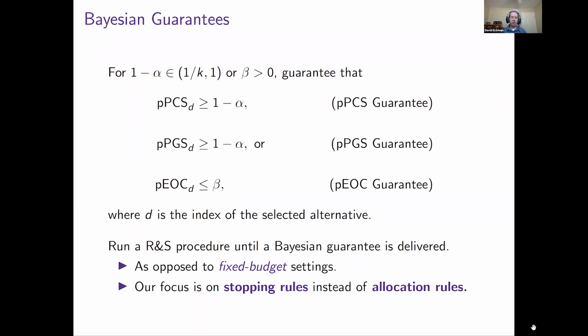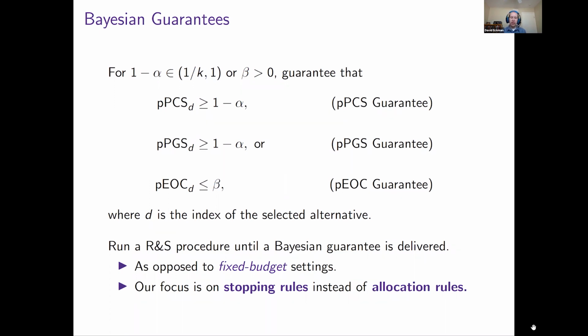Those settings are typically very useful if you're operating under, say, a fixed time to make your decision, or I have X number of dollars to use to rent servers, and there you're working within a hard constraint on your budget. Here, I'm in a relaxed setting where the decision maker is specifying the kind of guarantee that they want to get, and then has the time or the resources to be okay with simulating until we can deliver that guarantee.